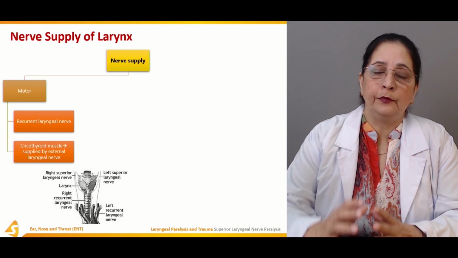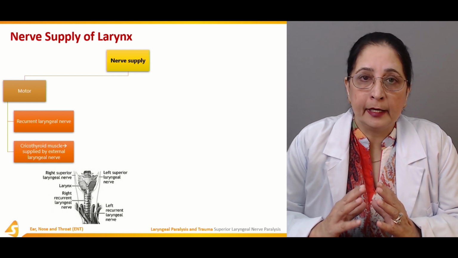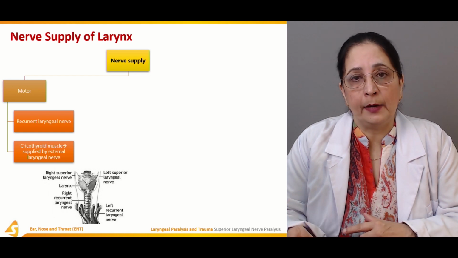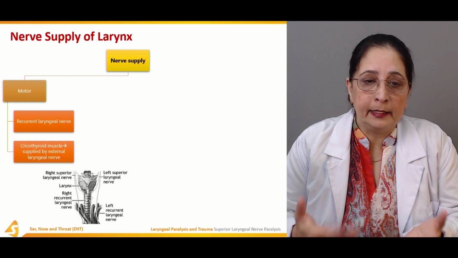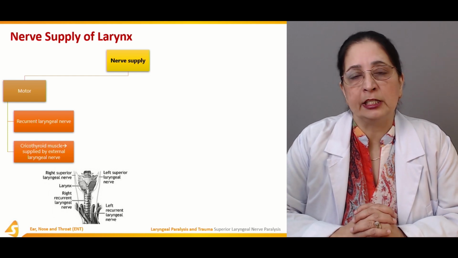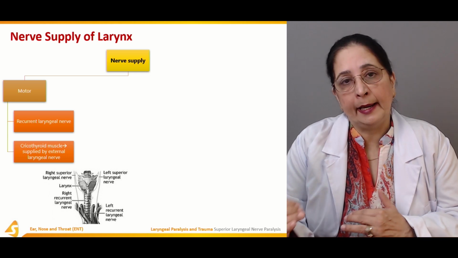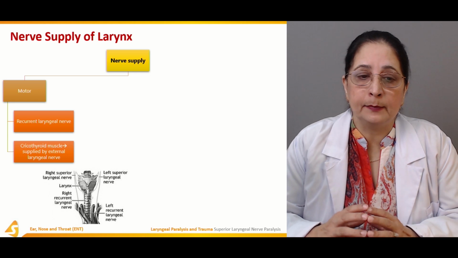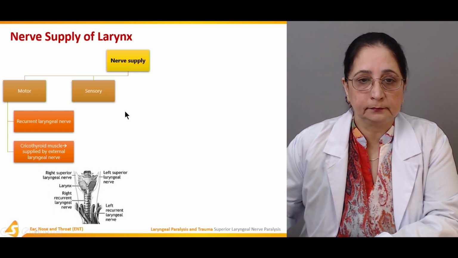So the motor functions are carried out by the recurrent laryngeal nerve, and the muscle which is supplied by the superior laryngeal nerve is the cricothyroid muscle, and this is supplied by the external laryngeal nerve. These have external and internal branches. So cricothyroid muscle is supplied by the external laryngeal nerve.